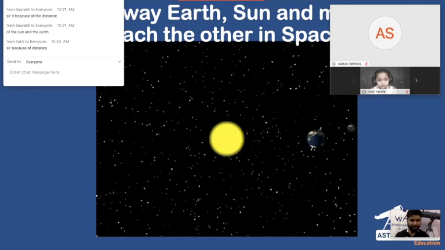In space, these are just like three balls, right? The sun is a ball of fire, hot gases. The moon is a ball of rock, and the earth is another ball of rock, right? The moon is the smallest, the earth is the middle size, and the sun is the biggest, and they have certain distances that we discussed, right?